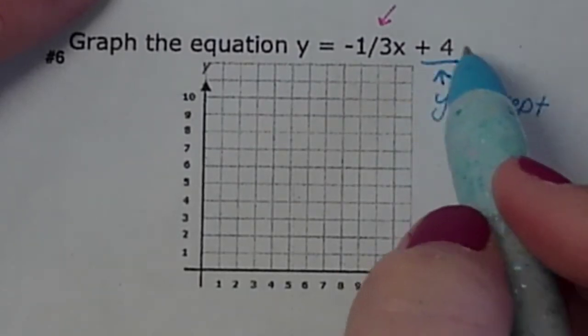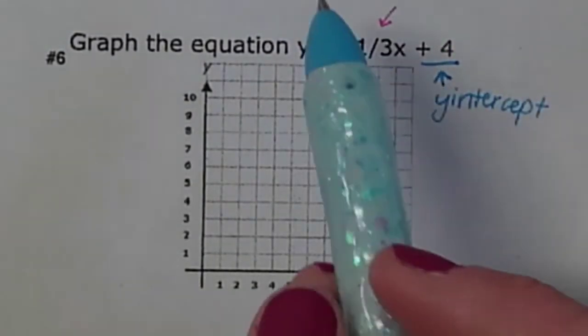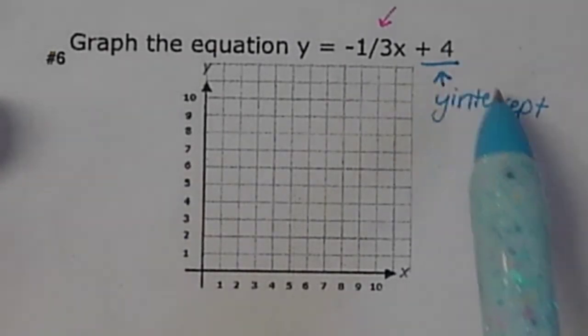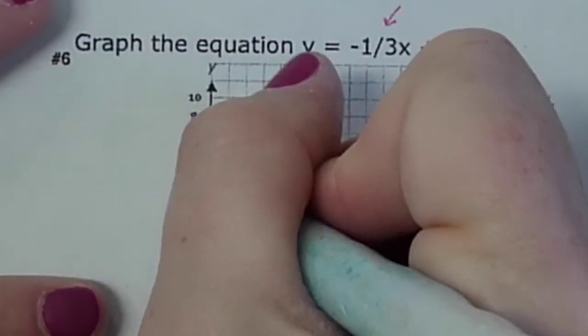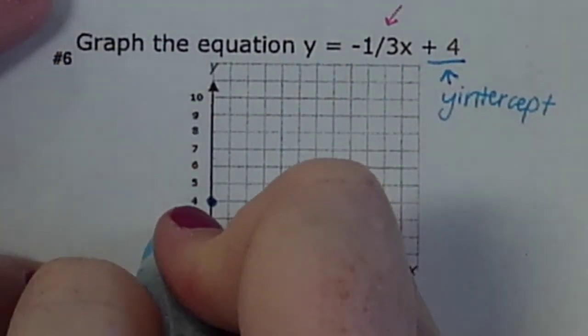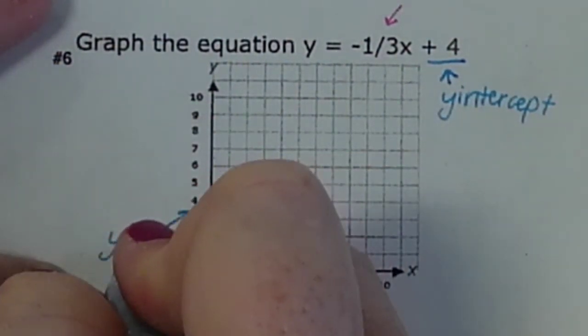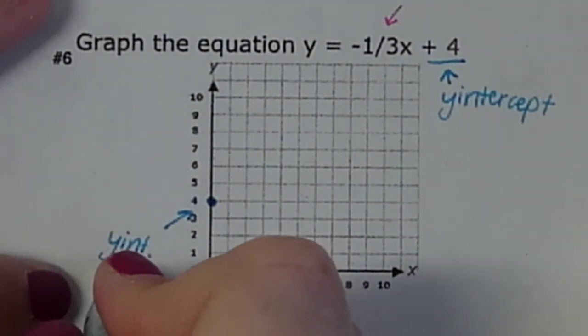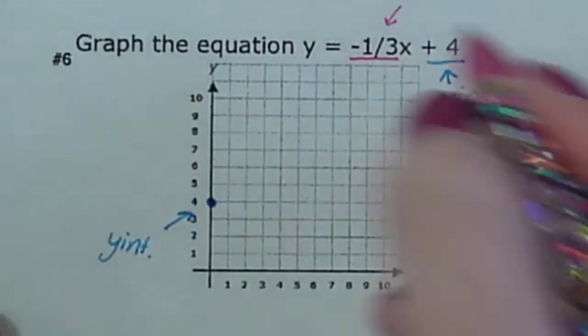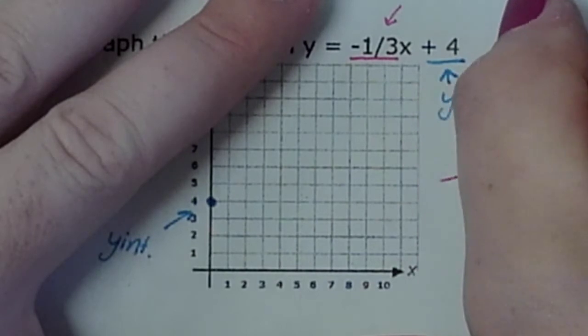I always start with the initial value because this tells you where to start before going up or down from each point. So let's start with our y-intercept of 4. Now, our slope is a fraction, -1/3.